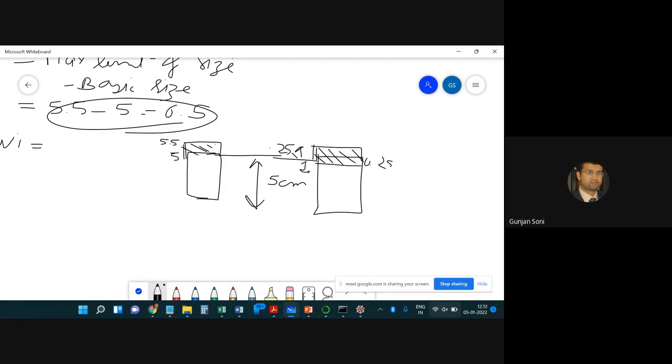So why should we define it only on the positive side? That's why we give the basic definition: the algebraic difference between the maximum limit of size and its corresponding basic size.